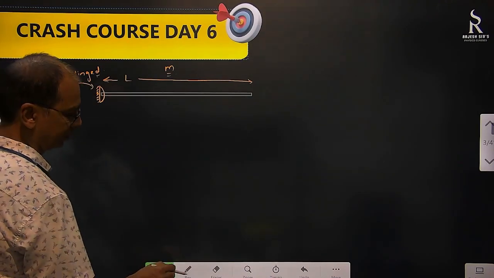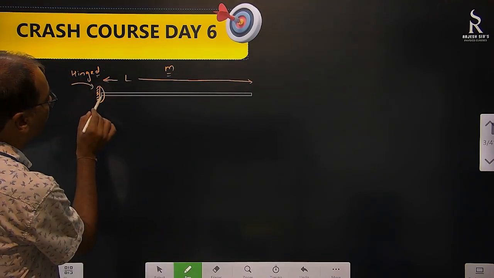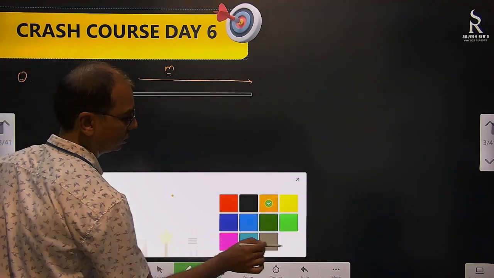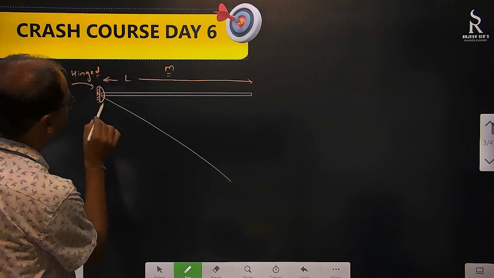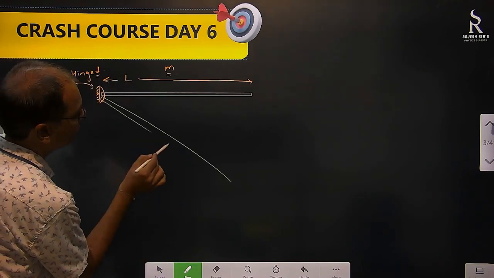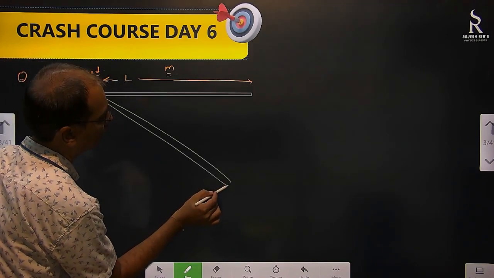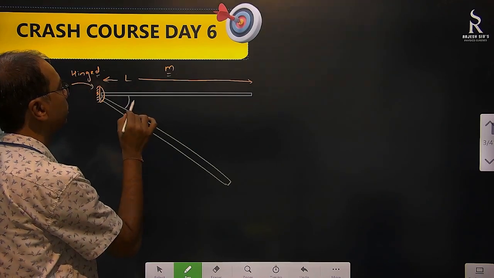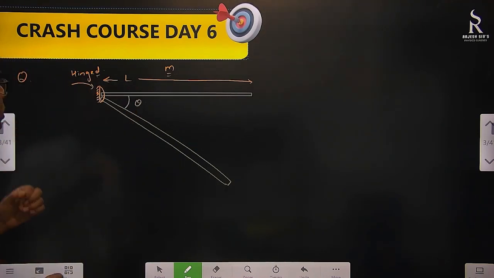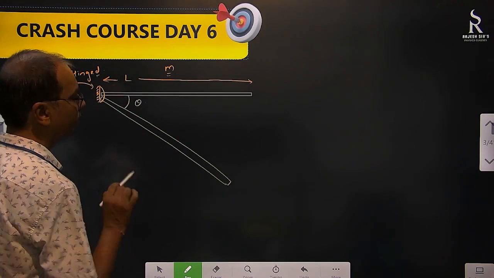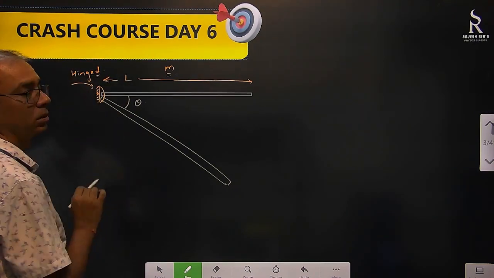Let's make it. So our rod now is like this, and it came down by theta. This is theta. In this position, what is the torque of the gravitational force about the hinge point?